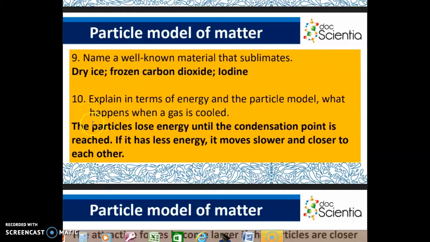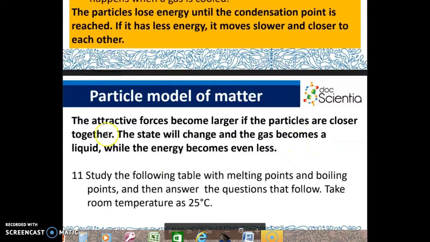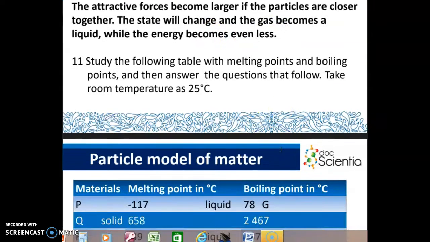So what happens when steam is cooled down? The particles lose energy until the condensation point is reached. If it has less energy, it moves slower and closer to each other. The attractive forces become larger if the particles are closer together, and the state will change and the gas becomes a liquid, while the energy becomes even less.